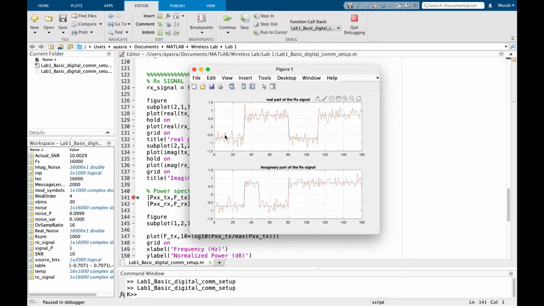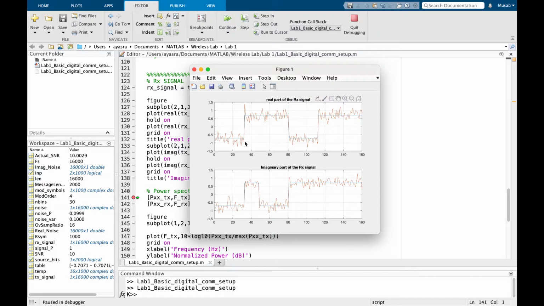So as the strength of the noise increases, that means as the SNR value goes down, the effect of the noise becomes stronger, such that at some point we will not even be able to see the rectangular shape of the symbols of the signal. So in that case, that means in the detection you will make too many errors.